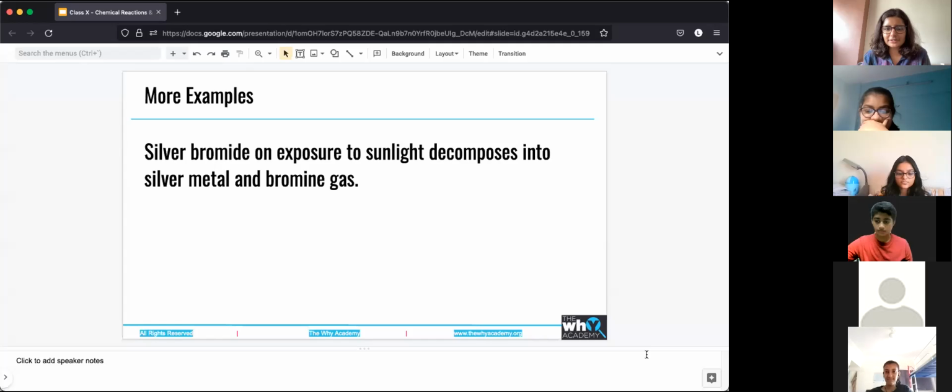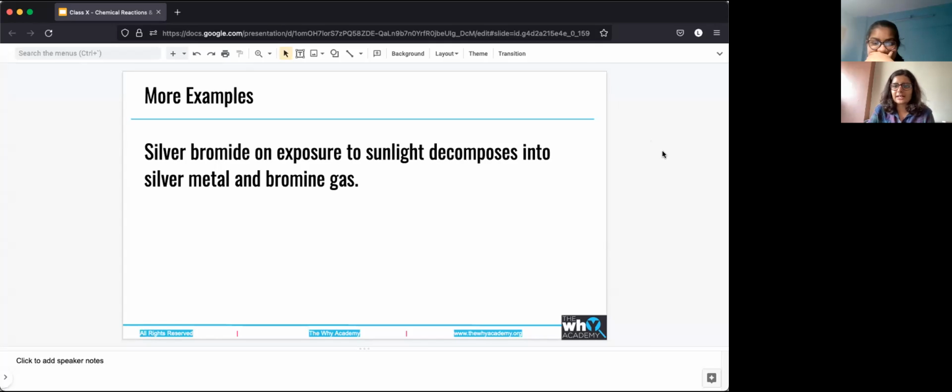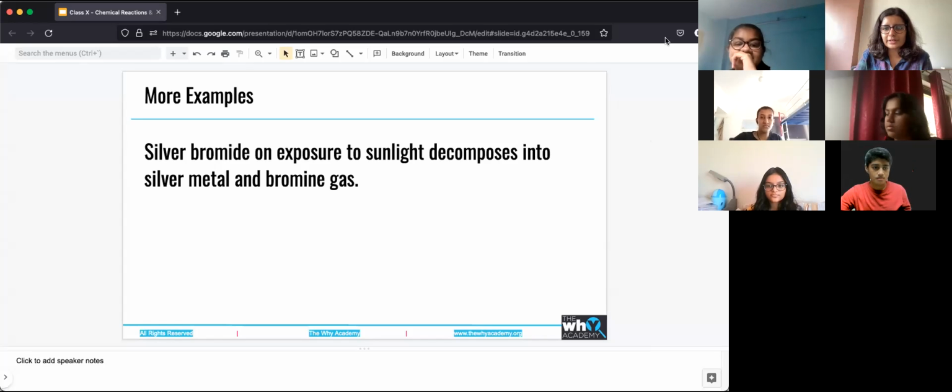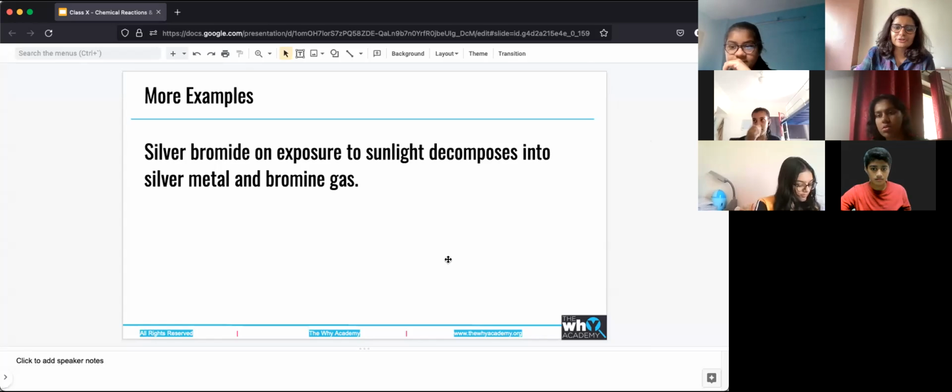Just as a refresher, this is what we had done last class. Yeah, so write down this equation and tell me. You can either send it on chat or, if you're writing it in your book, you can send me a picture of it, either or.